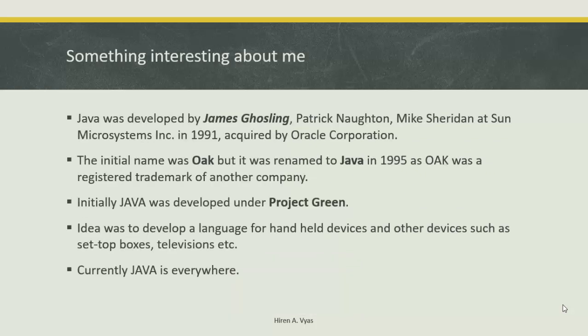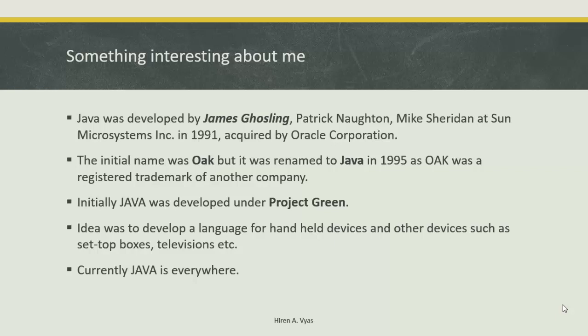Now let's see the history and some interesting facts about Java. In 1991, Java was developed by James Gosling and team, and James Gosling is considered the father of Java.